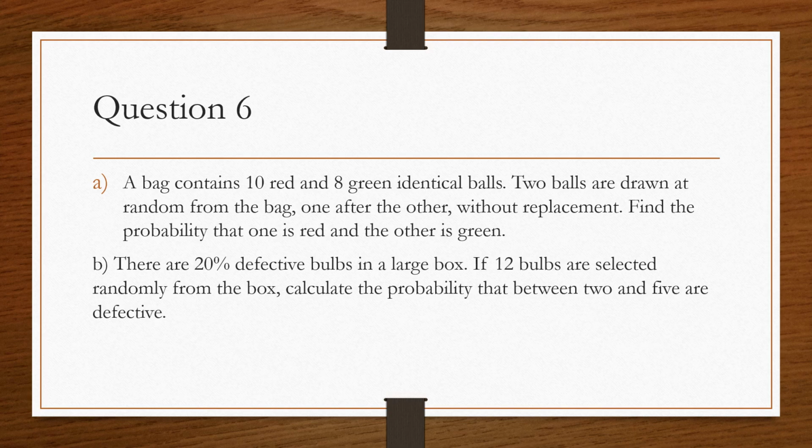Secondly, we have 20% defective bulbs in a large box, and 12 bulbs are selected randomly from the box. We have to calculate the probability that between 2 and 5 are defective bulbs. So let's see how to do these.